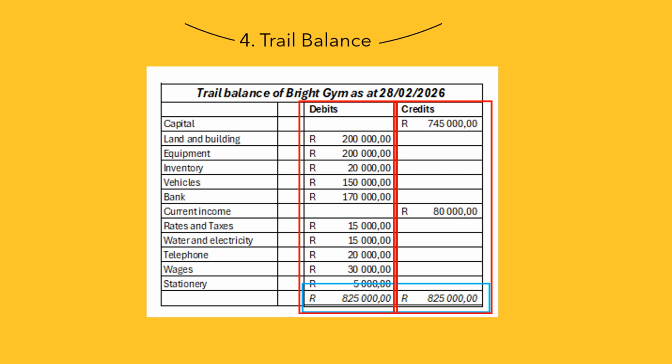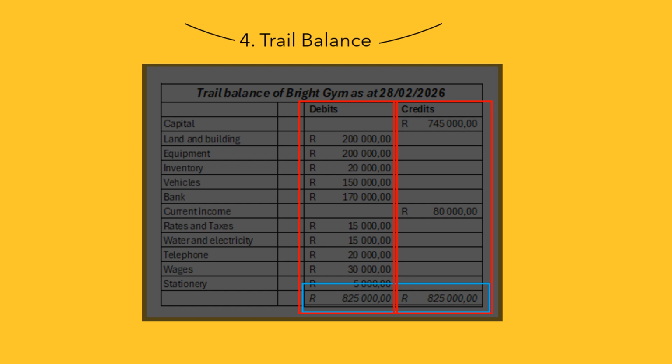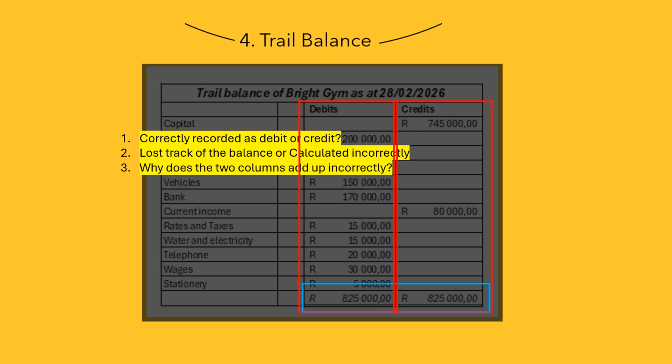And like I mentioned earlier, a business that grows will have numerous entries captured into the journal and then posted to the ledger. And this is where problems may creep in, because the debits and the credits might not add up. Questions that you can ask yourself as to why this is happening: has each transaction been correctly recorded as either a debit or a credit and on the correct side?